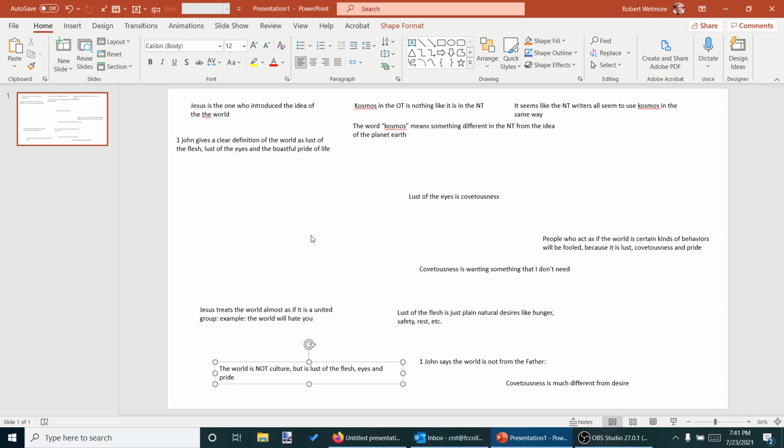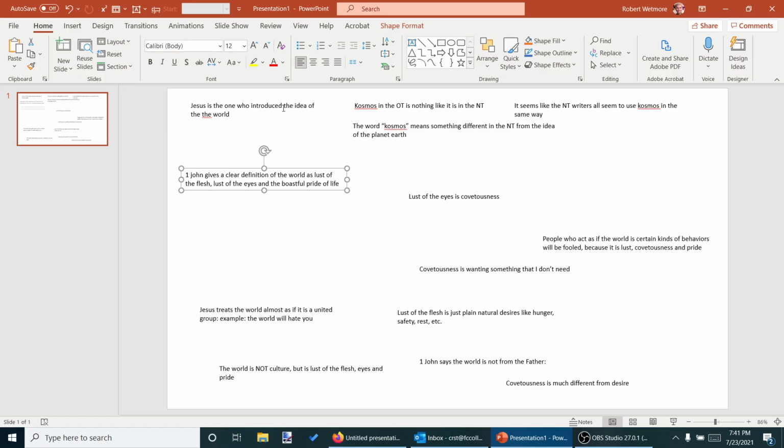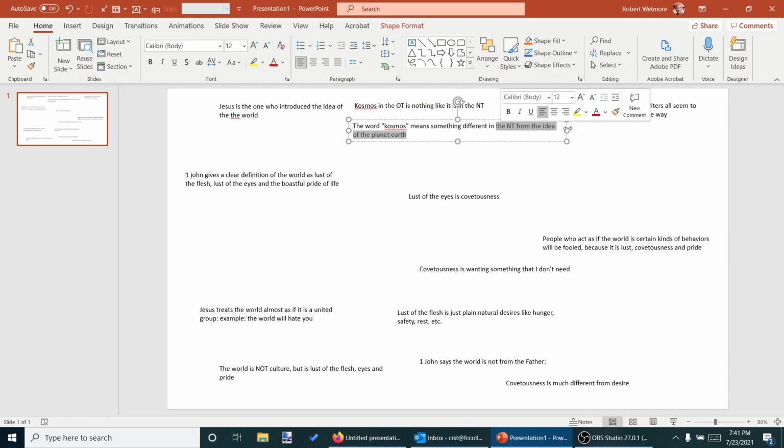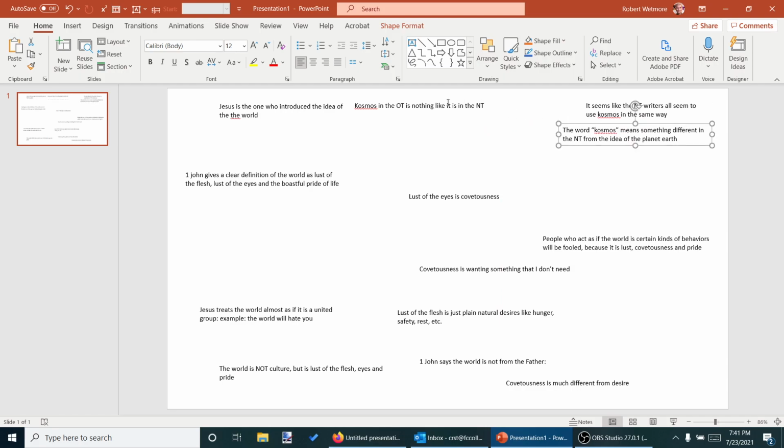Do I give a definition up here? Yeah, so this is, okay. Here's the change. I'm going to make this the first part of the paper. This first part of the paper is like, what's the definition of the word world? So I'm going to move these over. You see what I'm doing? What I'm doing is I'm organizing these things so they're all going to make some kind of an outline sense.